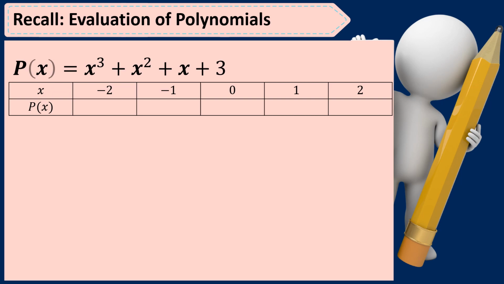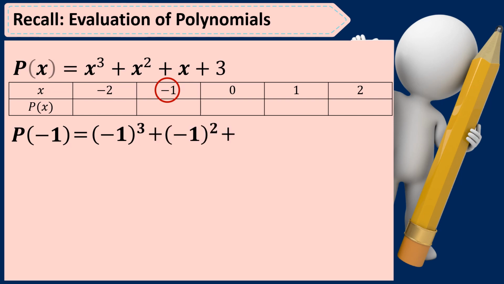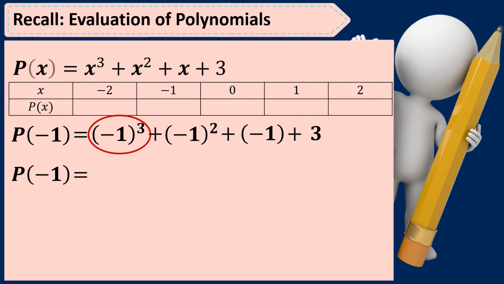We now solve for p of -1. P of -1 is equal to the cube of -1 plus the square of -1 plus -1 plus 3. The cube of -1 is equal to -1.